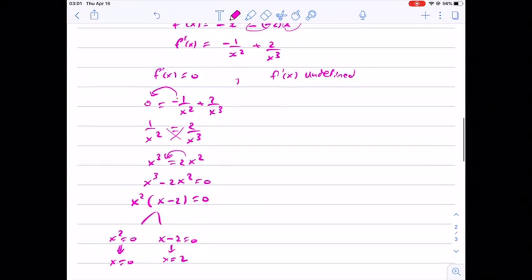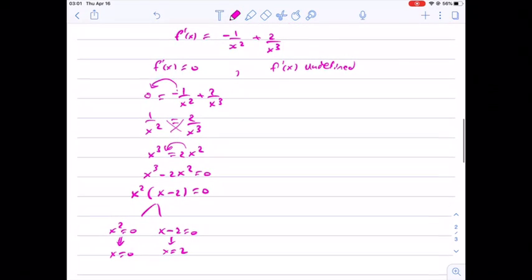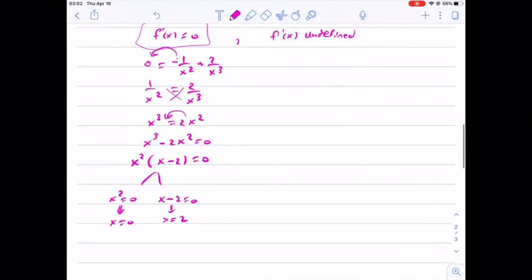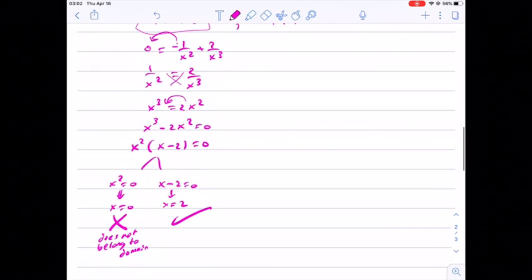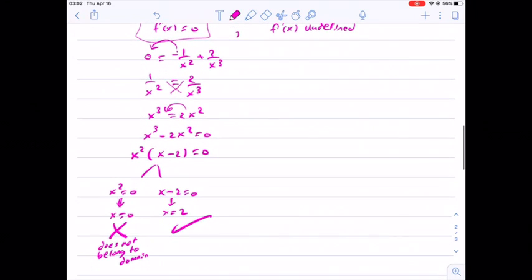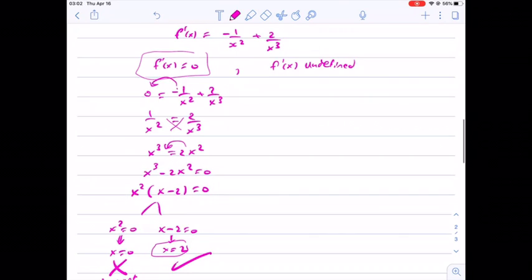So we have two points, x equals 0 and x equals 2. They should be critical points, and actually stationary critical points, because the derivative is equal to 0. But we notice that 0 does not belong to the domain. So we exclude this and we take x equals 2 as a critical point.